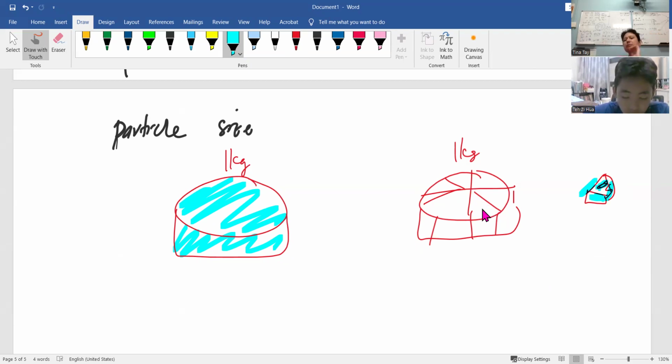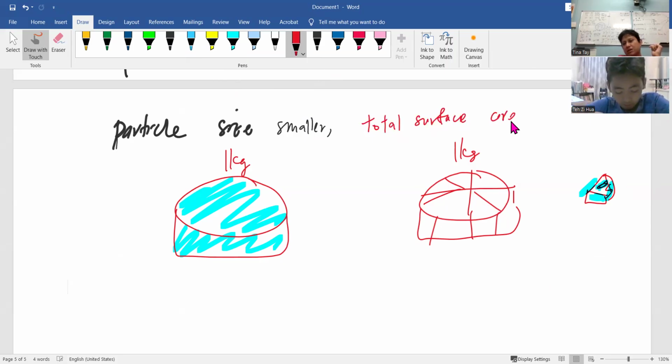So when the particle size is smaller, the total surface area is larger. So meaning they will have more collisions or less collisions?